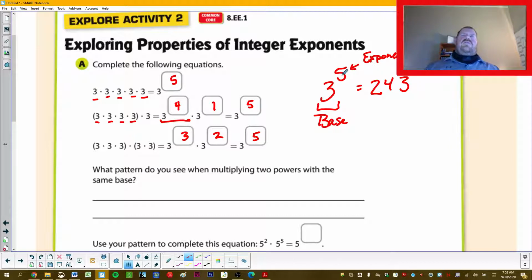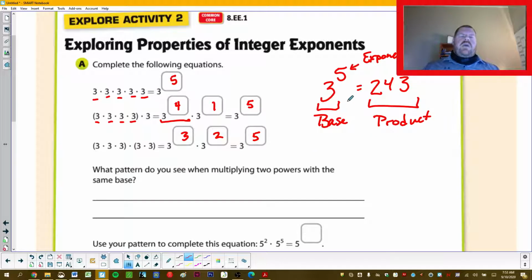You don't always want to say that the power is 5. You might want to say that the exponent is 5 if it fits better in the sentence. And then as far as the number out here, since it's a string of multiplication, we would say that it's the answer to a multiplication problem, which we call the product.